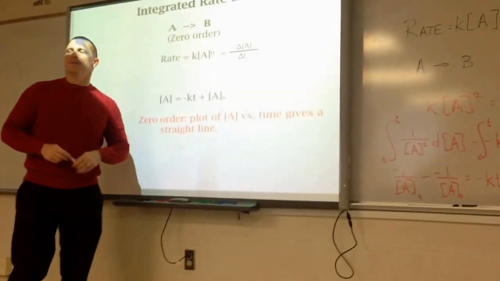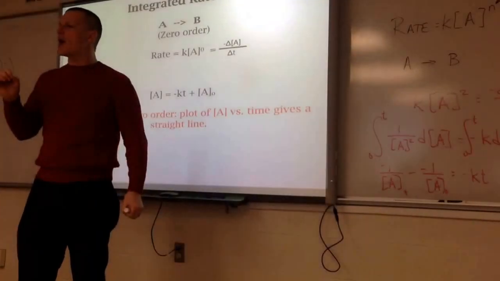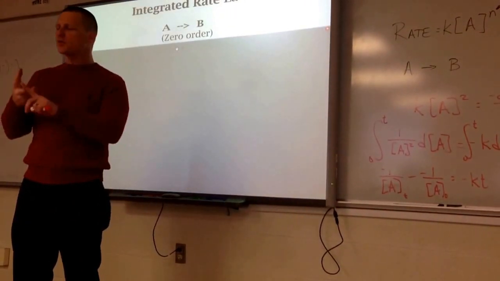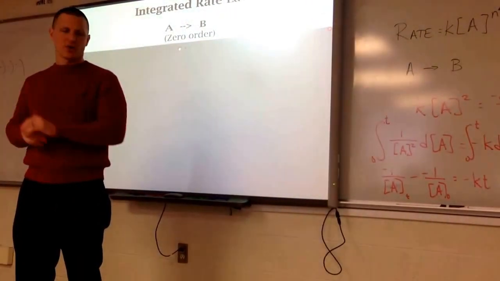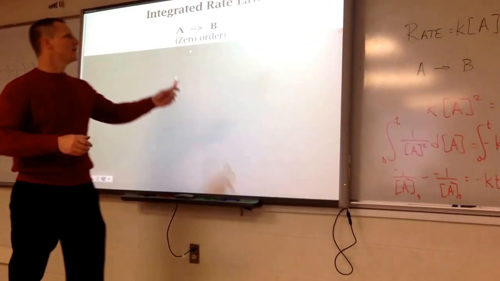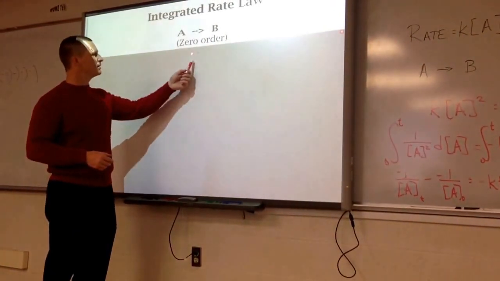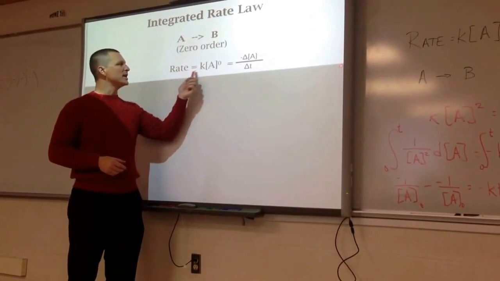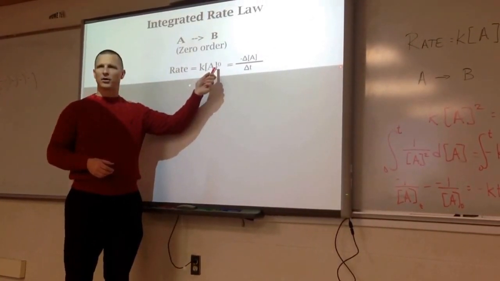All right. Now let's take a look. You can also have a zero order integrated rate law. We have first order and second order. The only other choice is zero order. Zero order means the rate is equal to k times A to the 0 power.